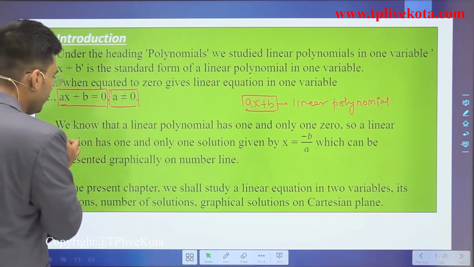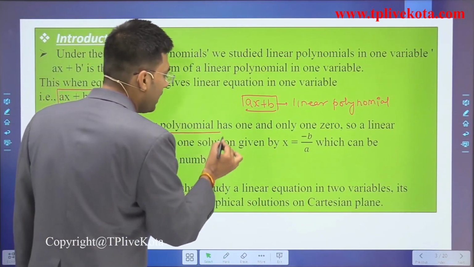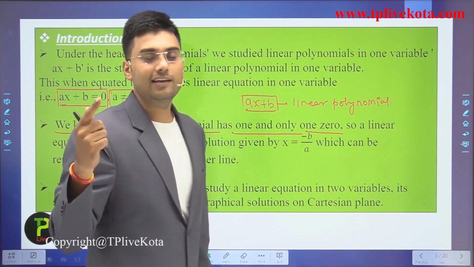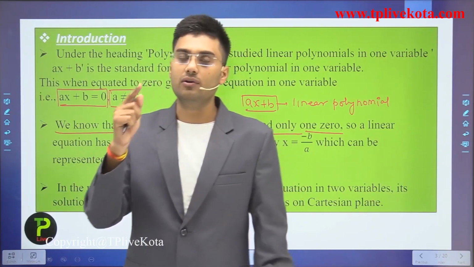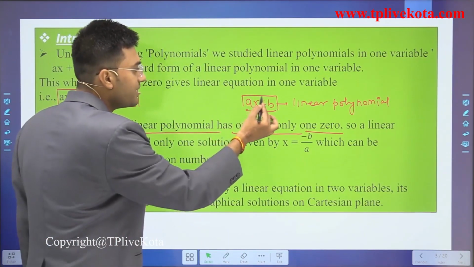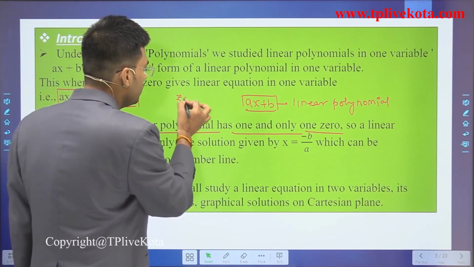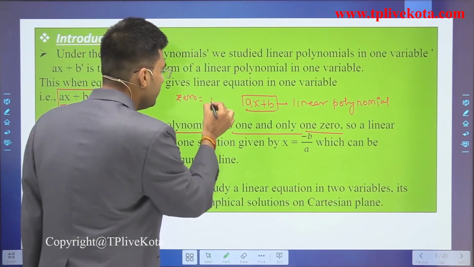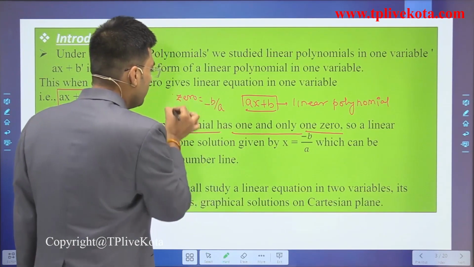Now we know that a linear polynomial has one and only one zero. If we talk about ax plus b, then the only zero for this polynomial is minus b divided by a.